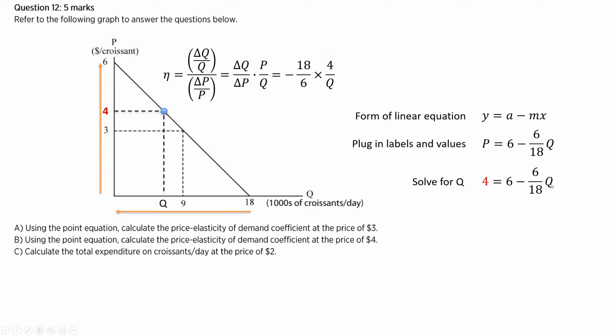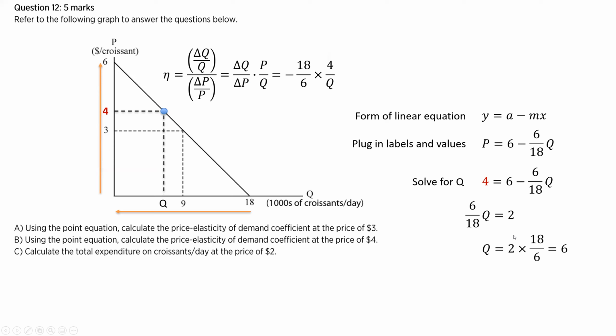So we rearrange it a bit. We're going to deduct 4 from both sides, and we're going to move this term over to the other side. So we're left with this, and then when we divide through by this, it turns into its reciprocal. So we've isolated our Q.